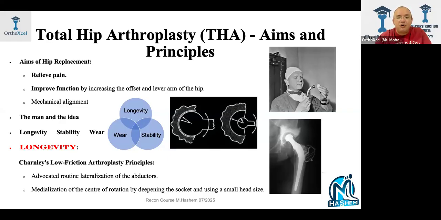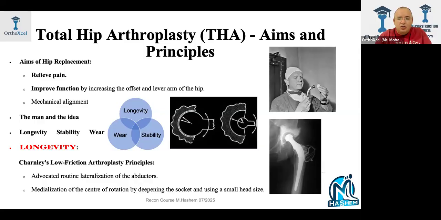And from his point of view, this will reduce the friction and end up with a long life acetabular cup. Did the idea work? Yes, it did work perfectly. And anyone who is doing arthroplasty can see that the Charnley arthroplasties are still alive till today, while our very nicely newly developed arthroplasty fails after a few months. So the idea did work.